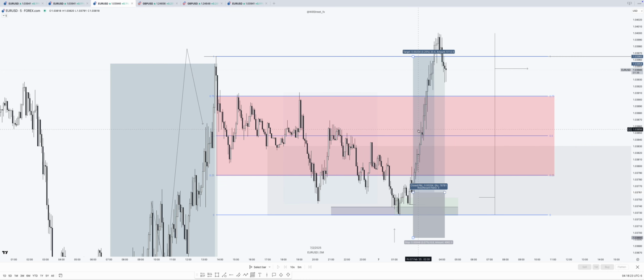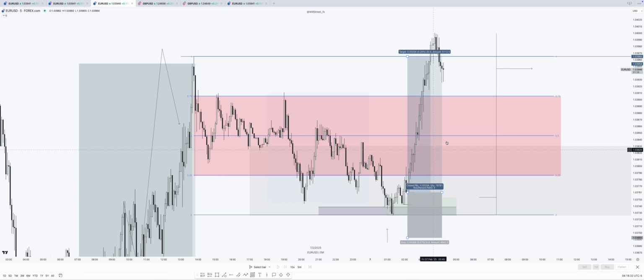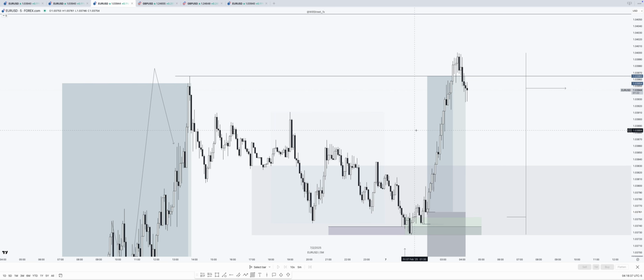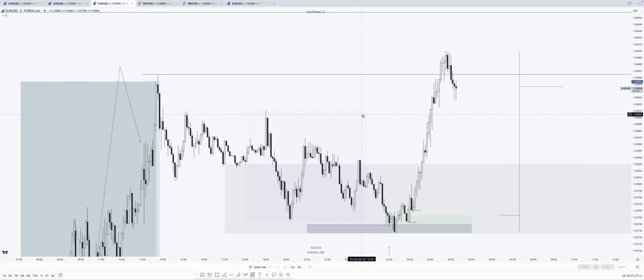So we always want to trade the right side of the curve, always the buy side of the curve. So you missed the most ideal long. You are here, you don't have any entry, but you know price is going here.